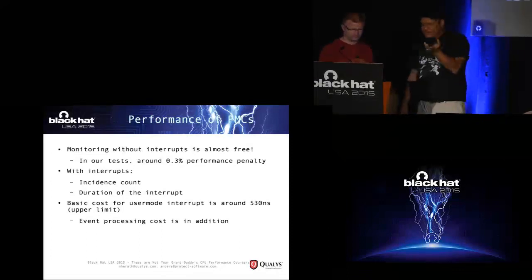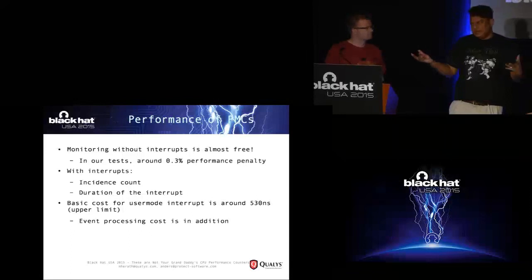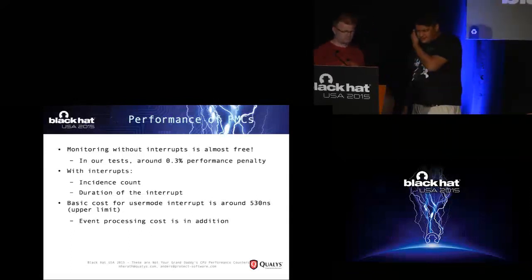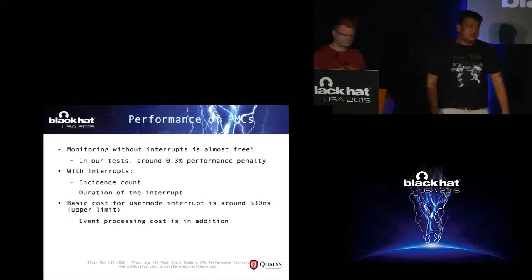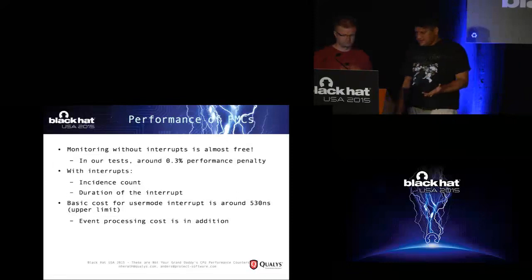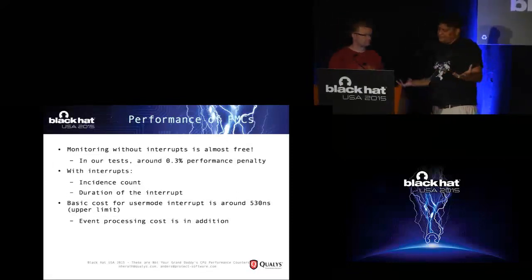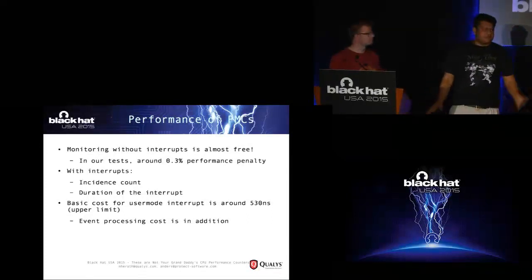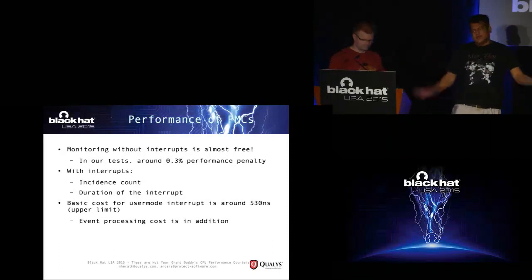And with the interrupts, you can get the incidence count, and you can also see the duration between two events if you wanted to. In terms of the cost of using the PEBS system, the user mode cost of receiving this interrupt could be 500 nanoseconds plus, and the event processing cost, as in your decision making after you have seen this event, is on top of that.